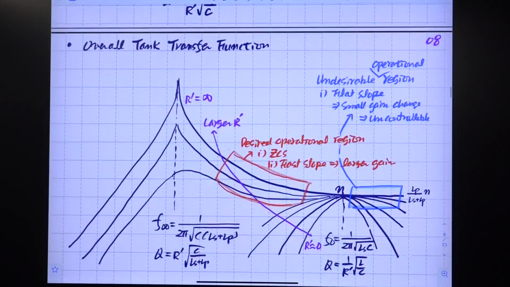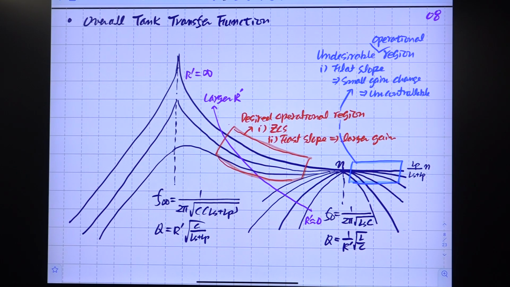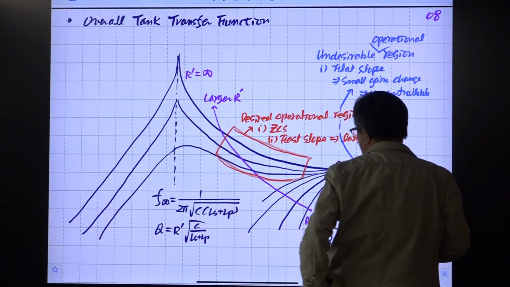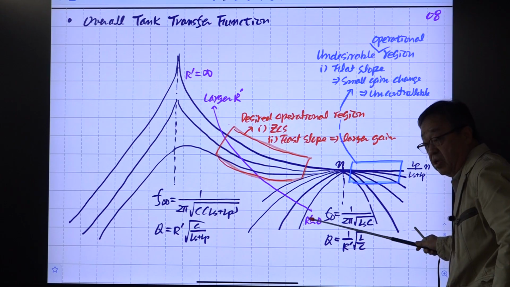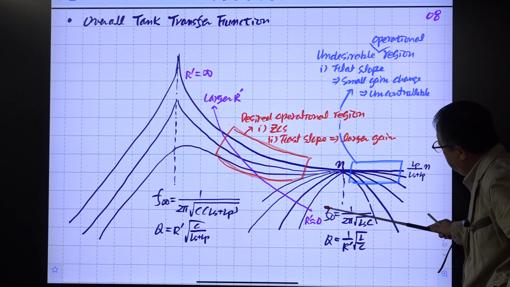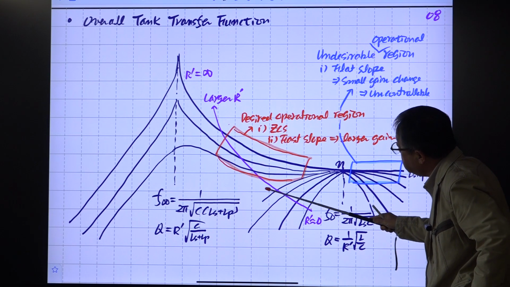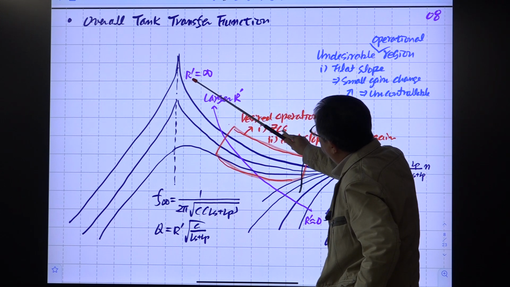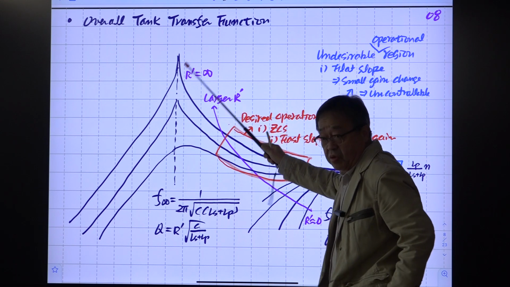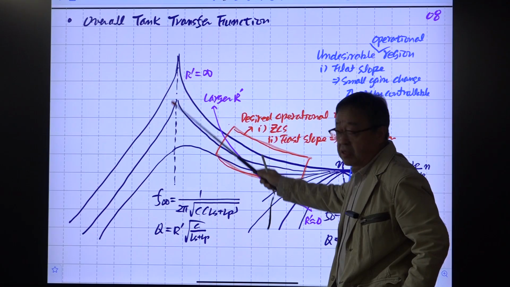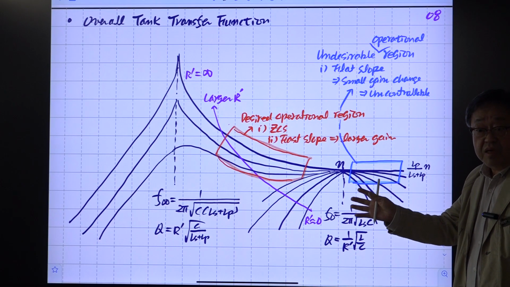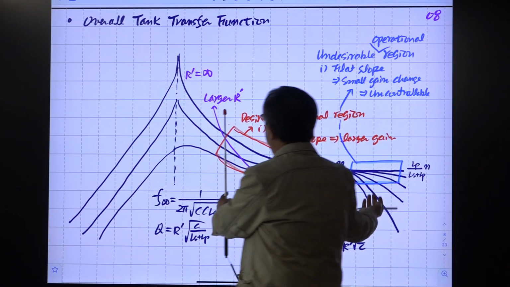So we have these characteristics. You combine the two things. So this is the transfer gain when R prime or R is very small. It starts out from this curve, and as R increases, it goes like this, and eventually R approaches infinity, or R prime approaches infinity. It looks like this. This is the mirror image of the previous LCC converter. With the LCC converter, we have the opposite situation.